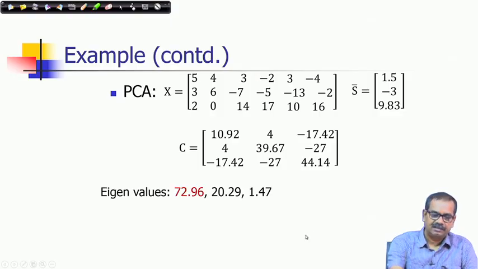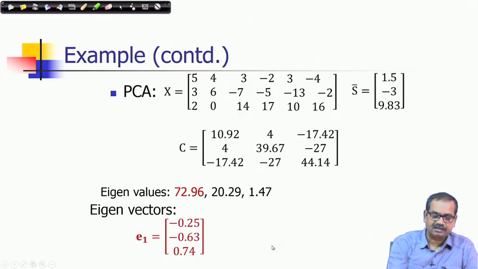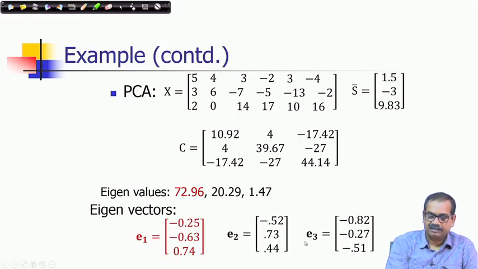I compute the eigenvalues and eigenvectors in order of their values, shown here. The maximum eigenvalue is 72.96, with corresponding eigenvectors E1, E2, E3, and we are interested in finding the direction of maximum eigenvalue or maximum variance. So the direction of the principal component is given by E1.